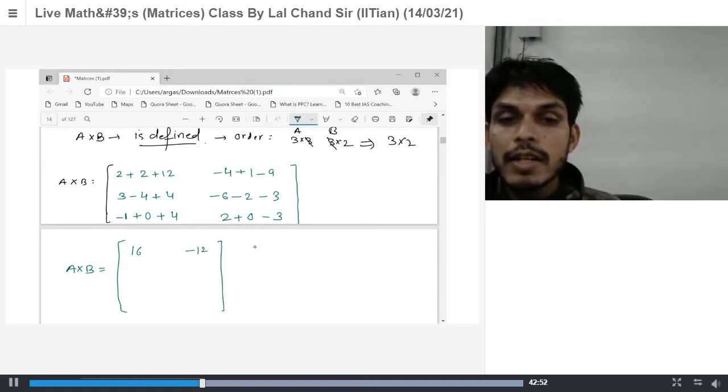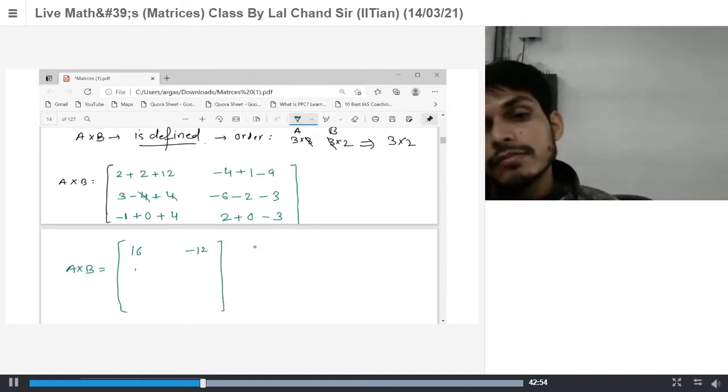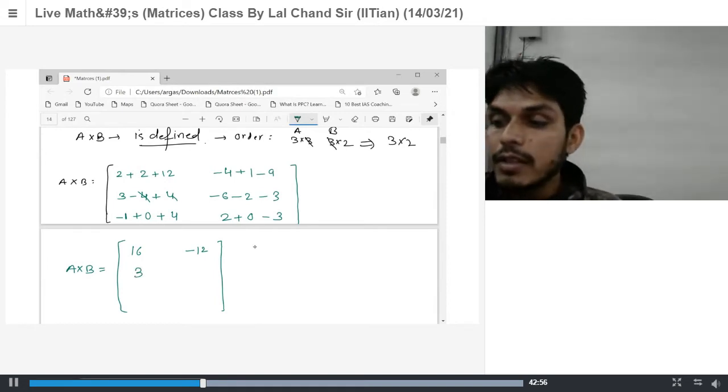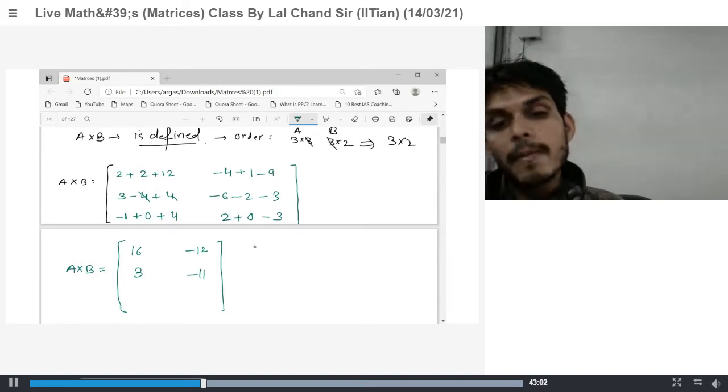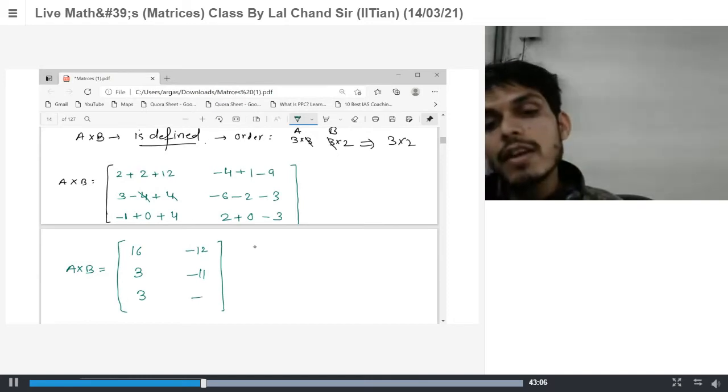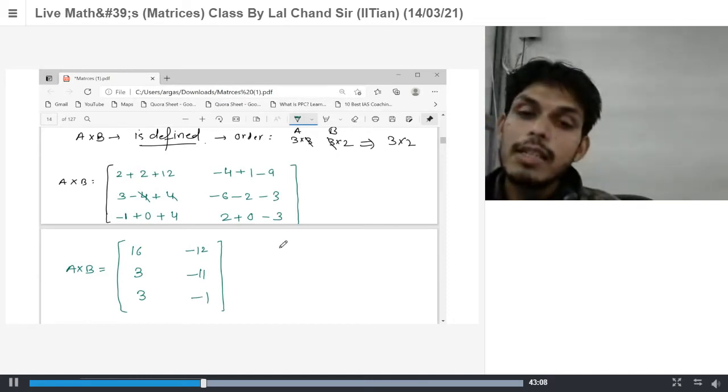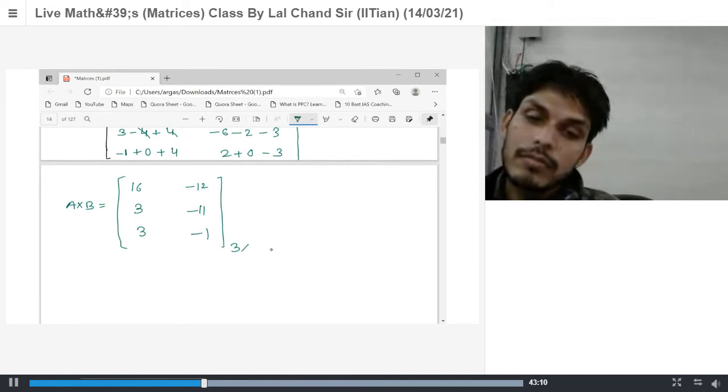Here this 4 gets cancelled, so this is 3. So here I have, this is 5 and 6, minus 11, plus 3 and minus 1. This is the value of A cross B, and order is 3 cross 2. So this is the answer for A cross B.